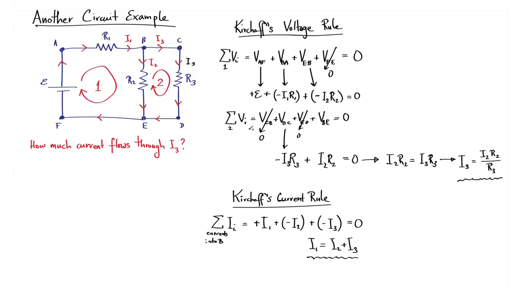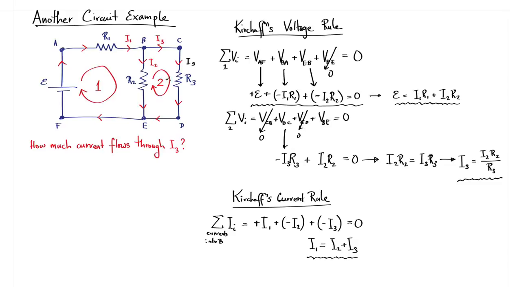So in this problem, we have three equations that we've come up with here. I'm going to highlight them with these squiggly lines. In other words, this is just E is equal to I1R1 plus I2R2. We have this relationship between I3 and I2, and I1, I2, and I3.